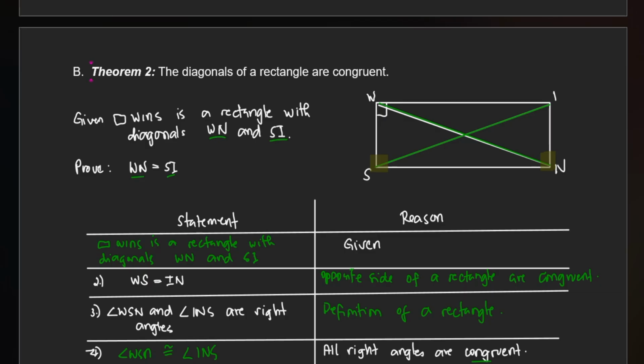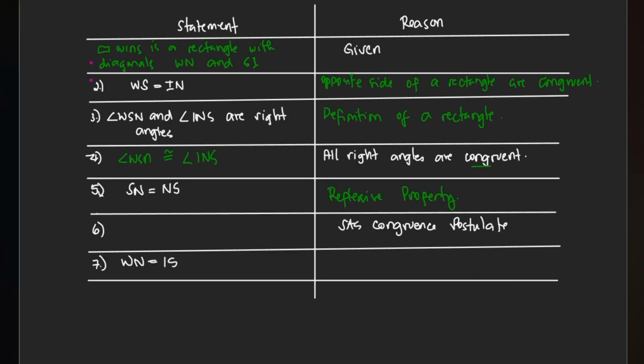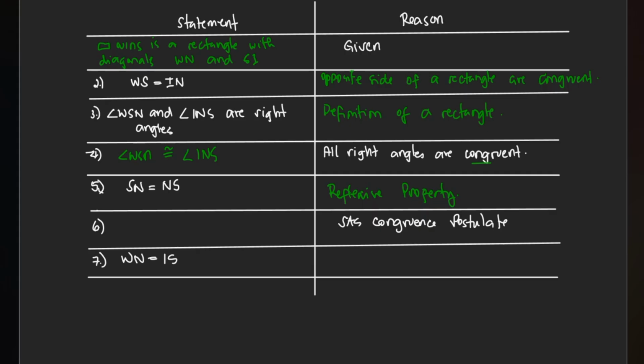So this means in our answer, number 6 will be triangle. It's not hard. So that is a triangle WSN is congruent to triangle I and S. Yun yung magiging SAS natin.